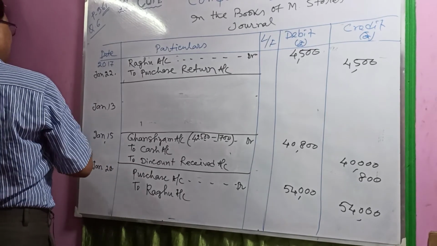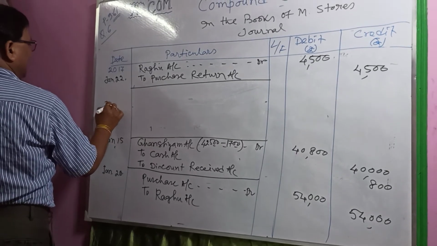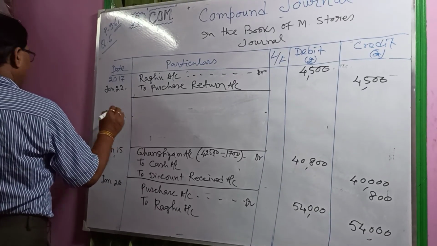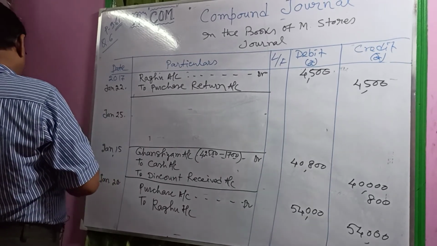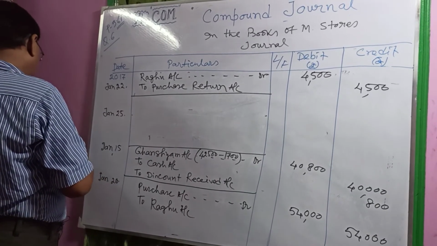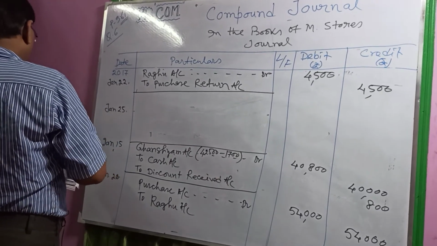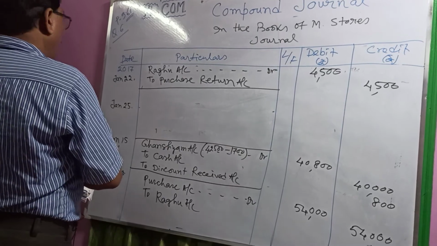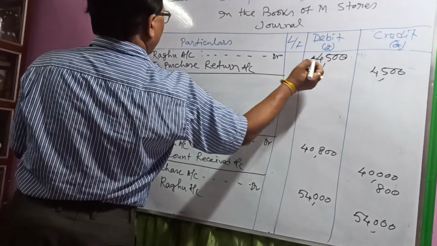Last transaction, January 25: paid cash to Raghu 49,000 in full settlement of his account. In all cases of full settlement, there always arises a discount, either discount received or discount allowed.